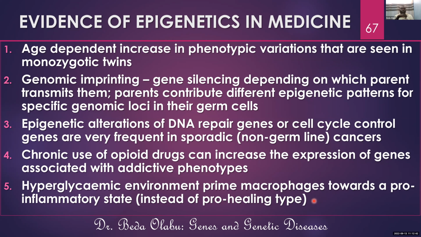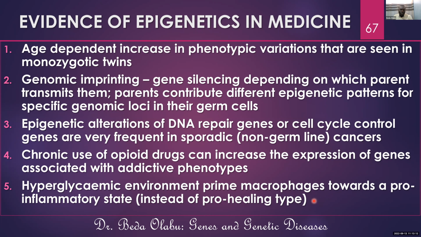Now think about a diabetic who has a wound. You may never have thought about this before, but there's an association between a hyperglycemic condition and the functioning of the macrophages. Macrophages tend to be more of the inflammatory type when the environment is hyperglycemic.